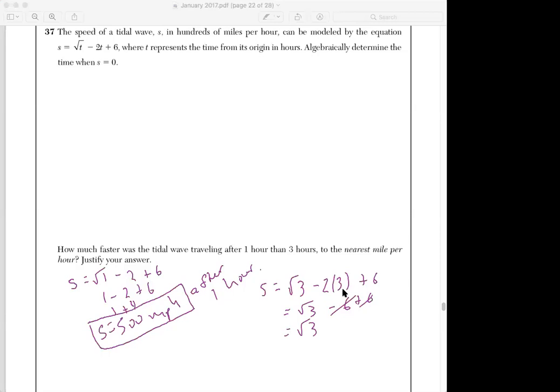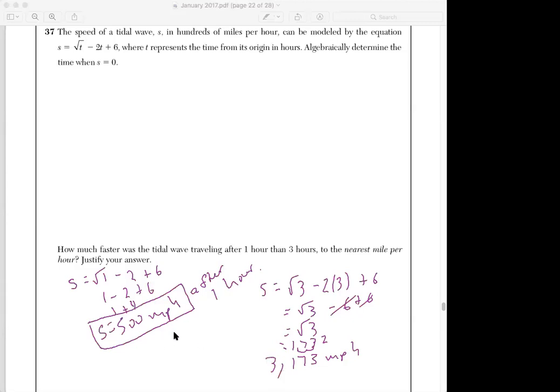Using my calculator, square root of 3 is about 1.732. Remember, this is in hundreds of miles an hour, so about 173 miles per hour after 3 hours.